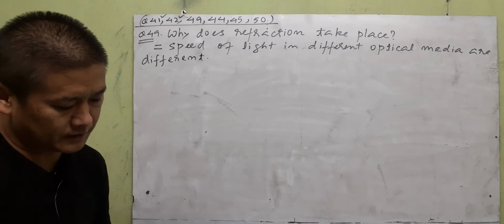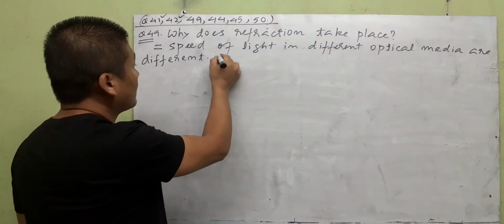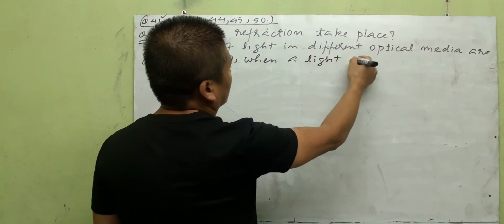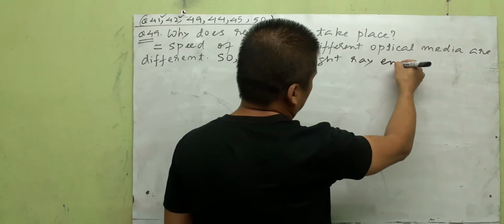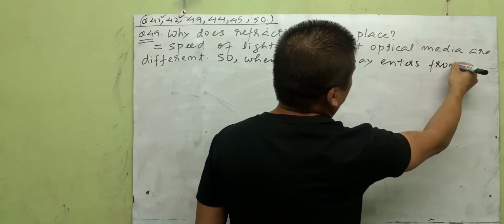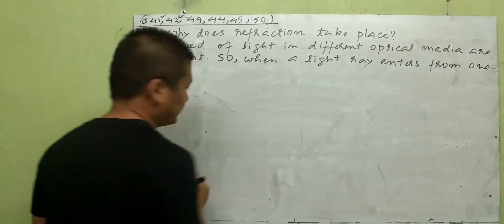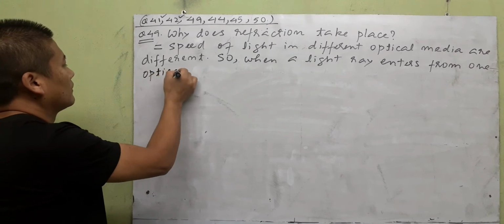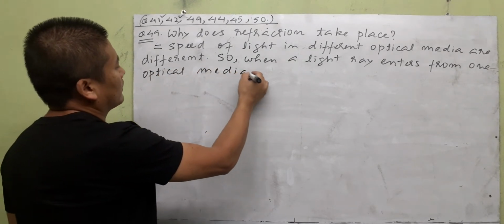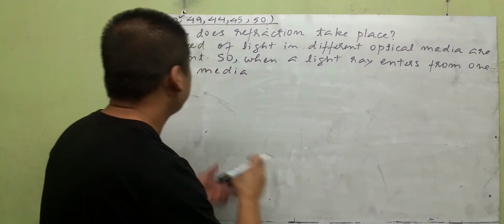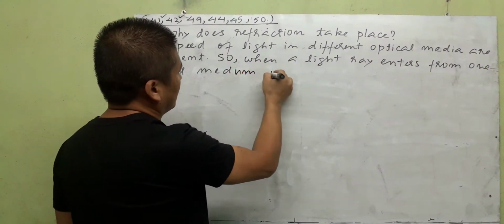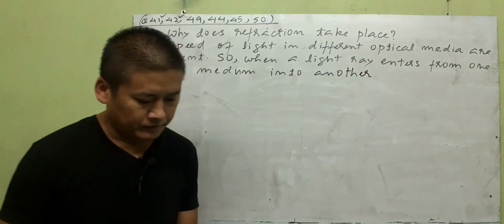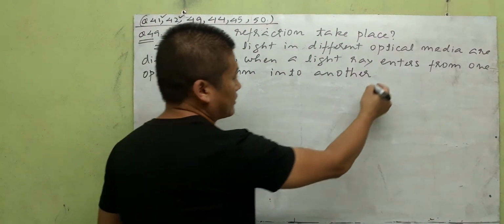So because of this, what happens is this: when a light ray enters from one optical medium into another, its speed suddenly changes.